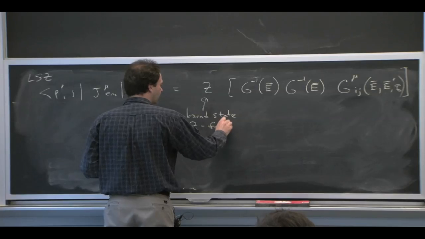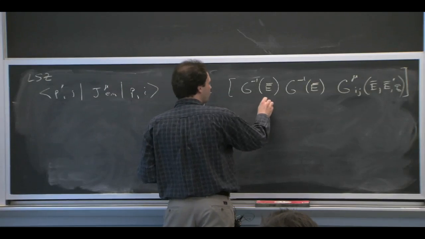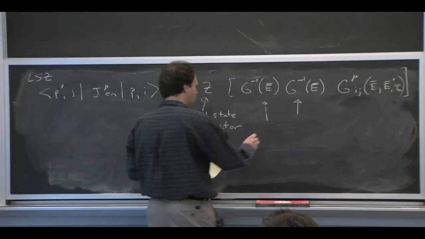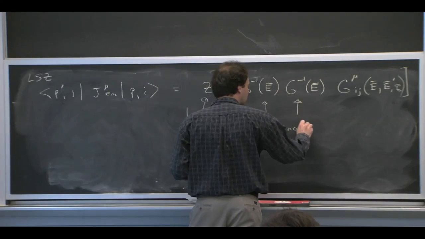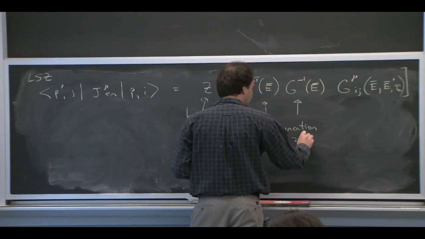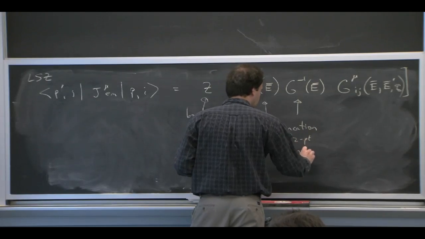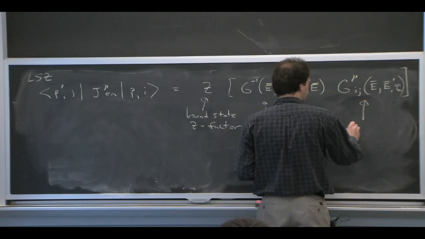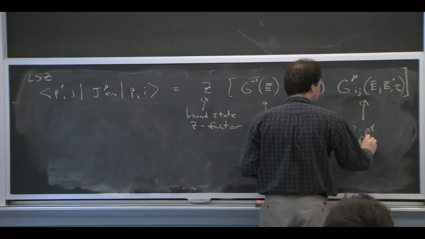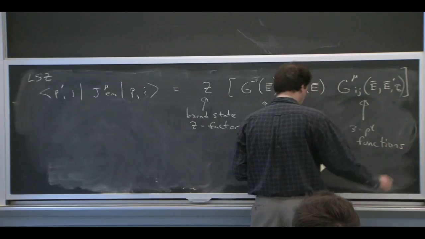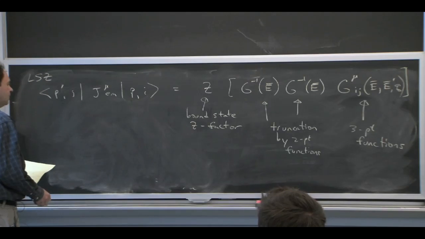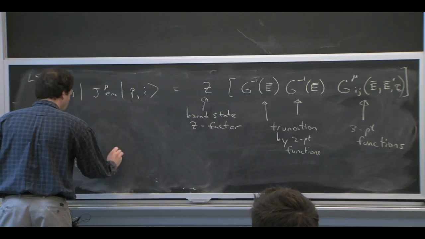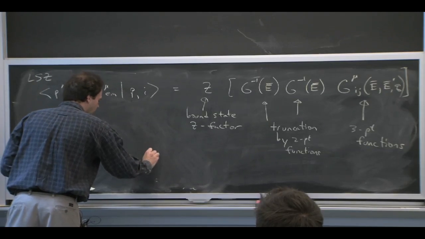LSZ tells me to be careful about that Z factor. These guys here are just 2-point functions, and that's because I have to truncate the lines. This is truncation by 2-point functions, but they're 2-point functions for the bound state, so 2 lines. And then this is the 3-point functions. Okay, so for the 3-point functions, what would the time order product be for that?